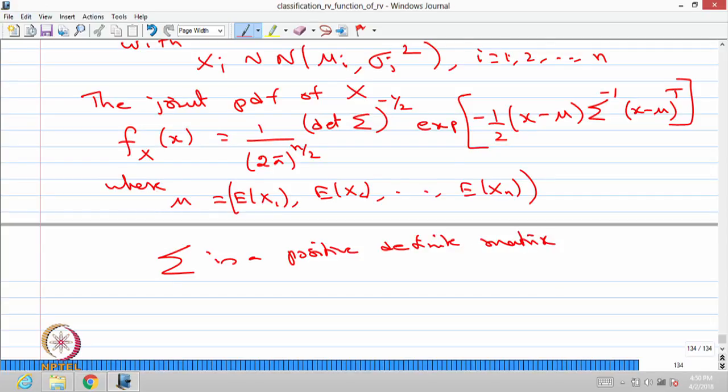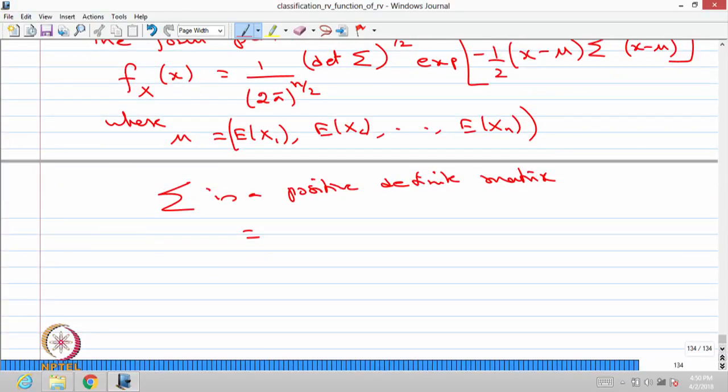It is the covariance variance matrix of the n-dimensional random vector x1, x2, xn. That means the diagonal elements are variances and the off diagonal elements are covariances between any two random variables, denoted by sigma 1 2.